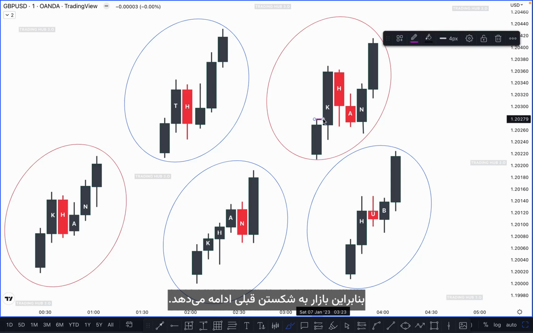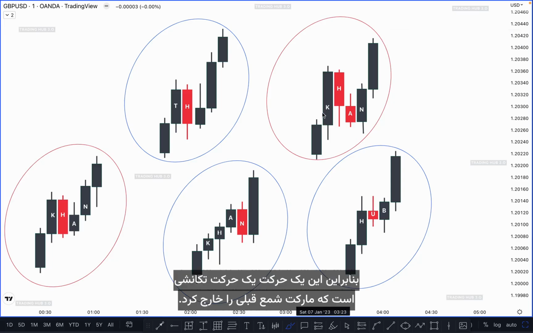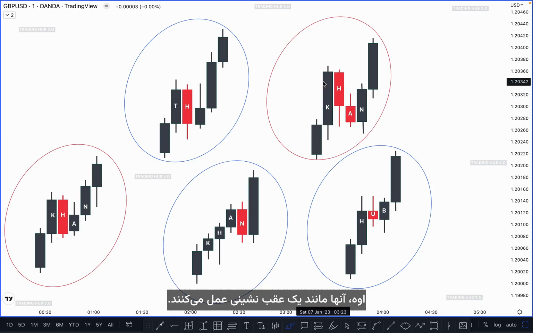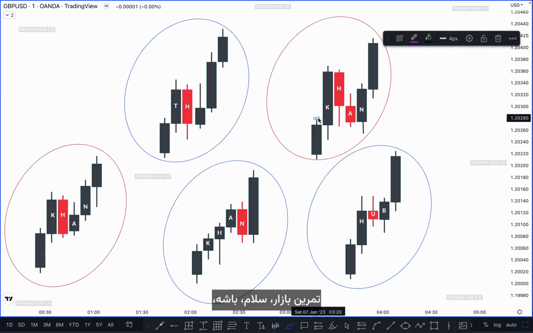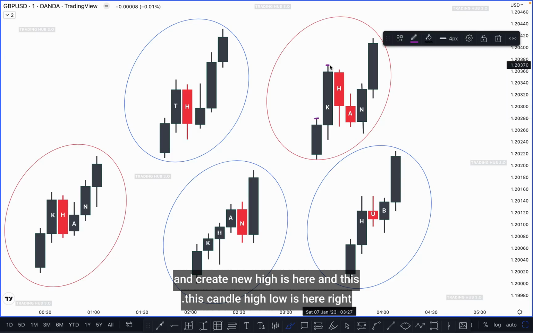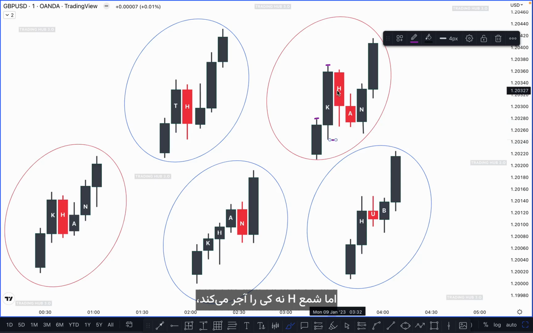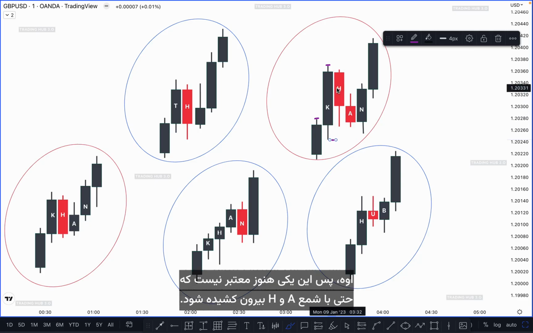So the market continues breaking the previous high, so this move is called an impulsive move. When the market takes out the previous candle low, that acts like a pullback. Same thing happens here: the market breaks this high and creates a new high here, and this candle's high and low are here, right? But the H candle did not break the K candle low, so this is not a valid pullback. But the A candle broke the H candle low, so this is still not a valid pullback.